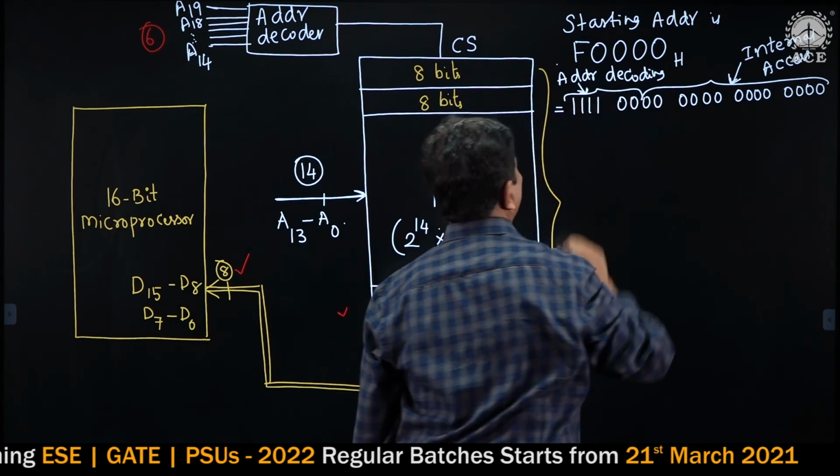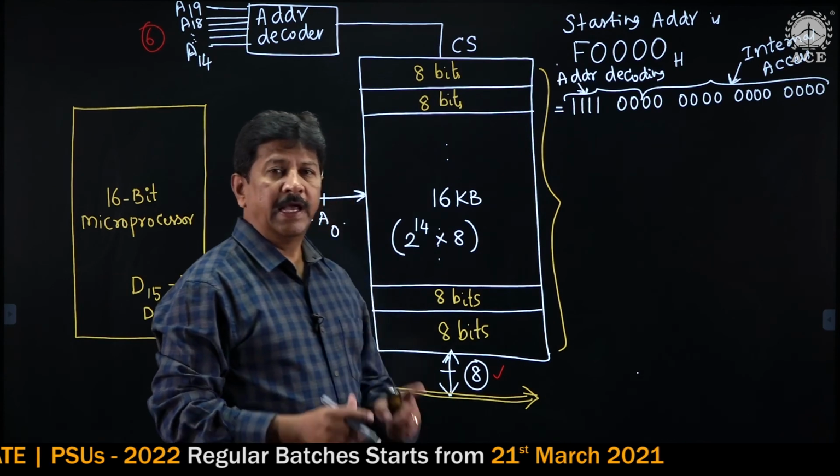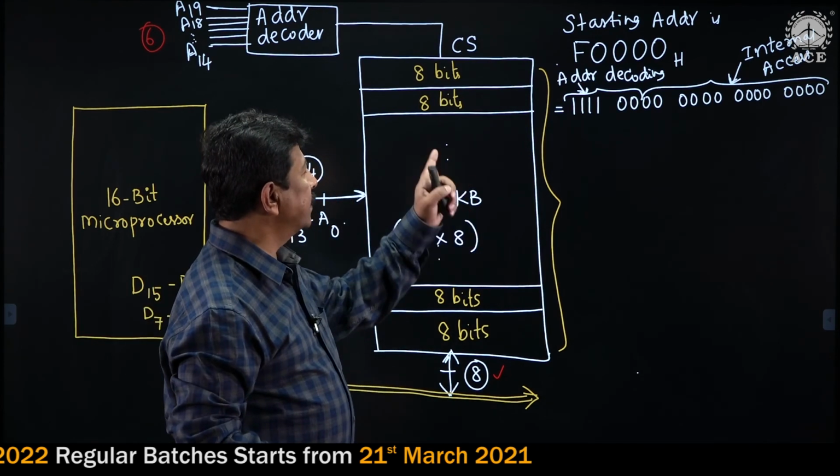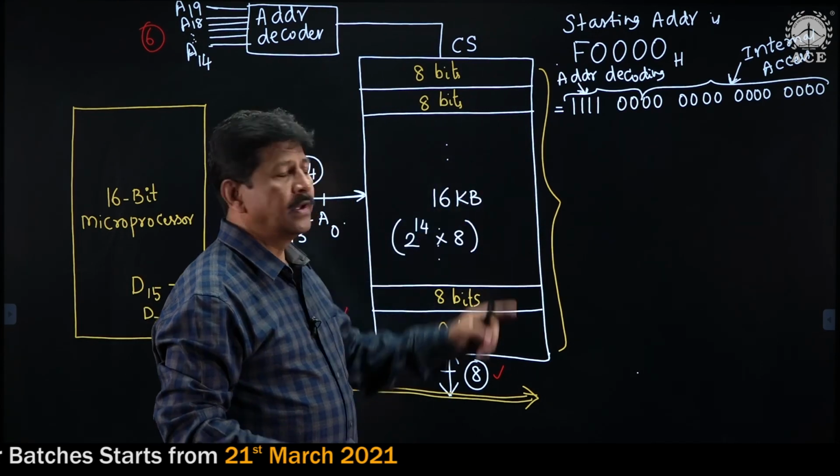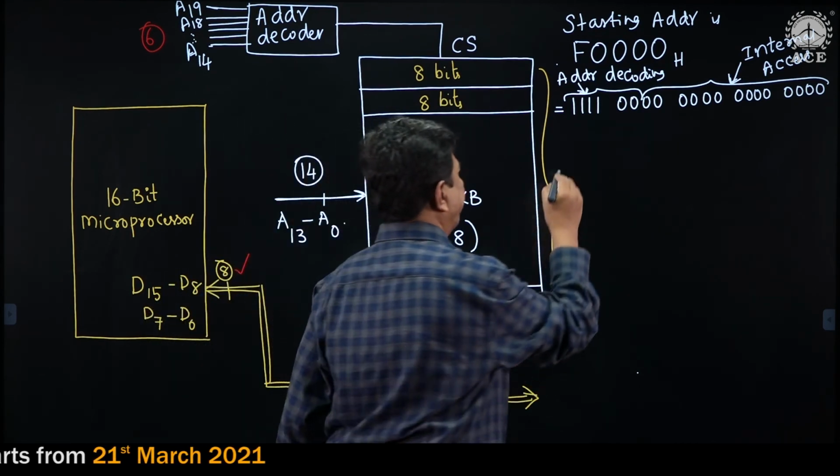That's it. So that means only when A19 to A14 values are 111100, the chip has to be selected.